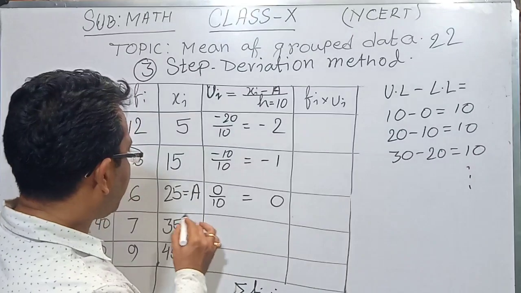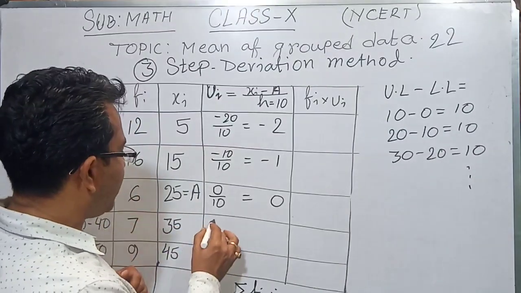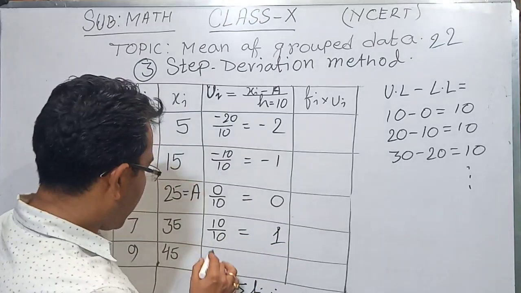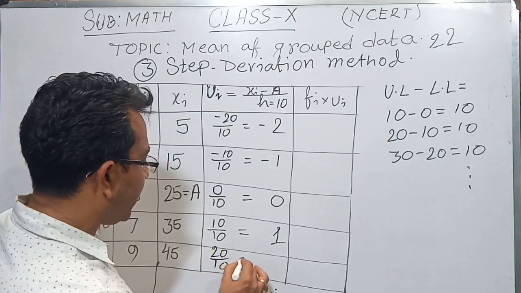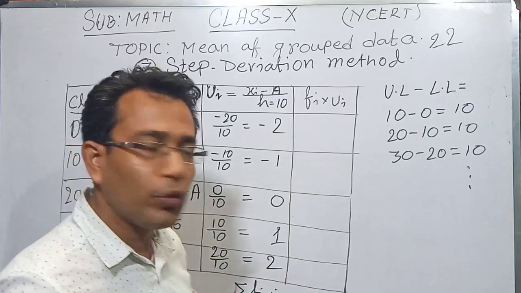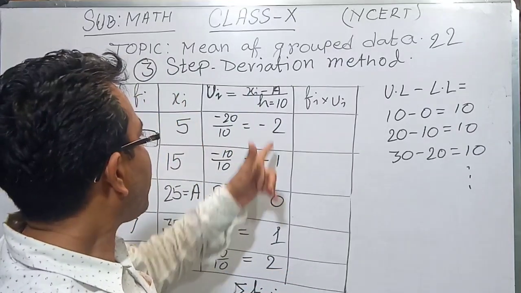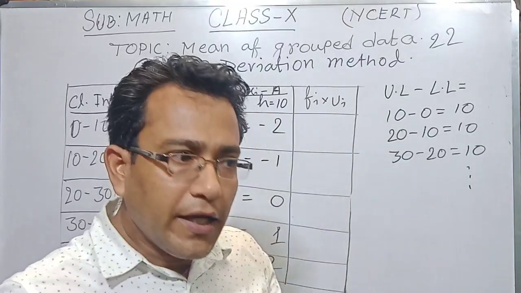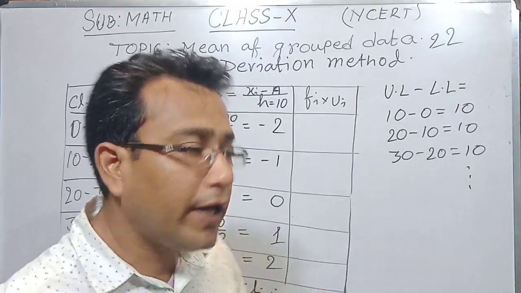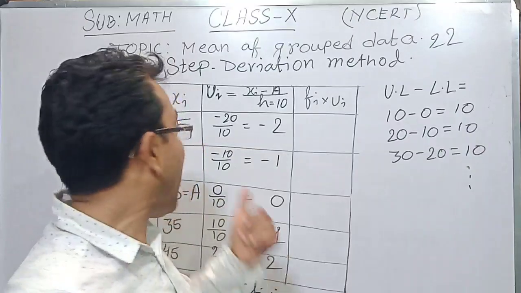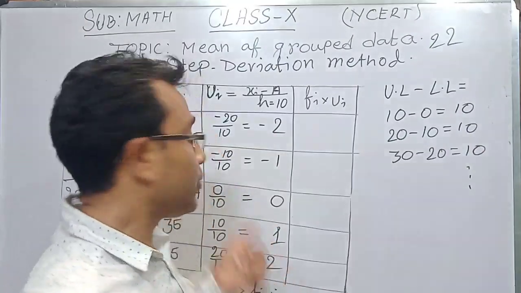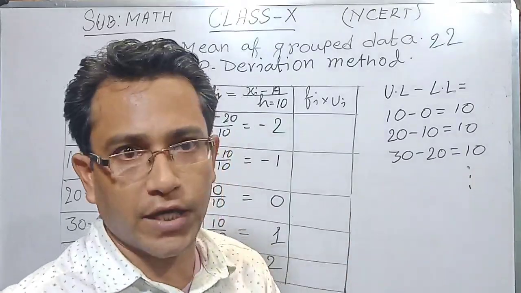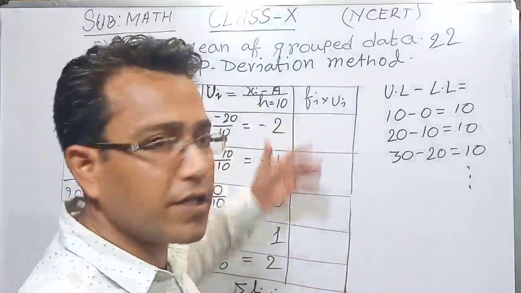Here 35 minus 25, that is plus 10 by 10 equal to 1, and plus 20 by 10 equal to 2. The step deviation method is useful in those math where the class intervals and the mid values and frequencies are given very large in figure. That is very much useful.